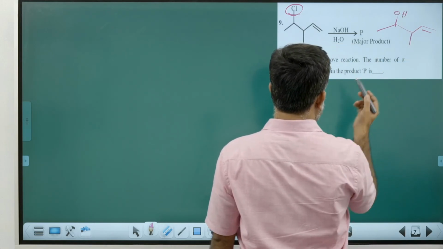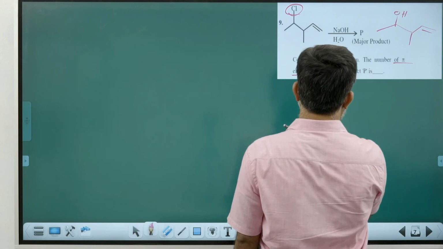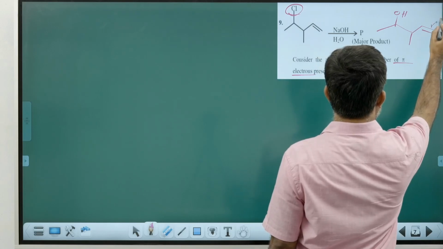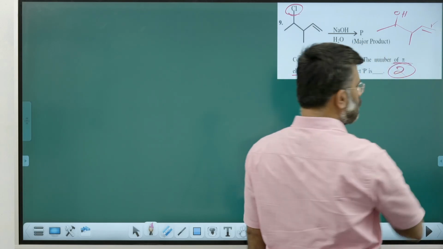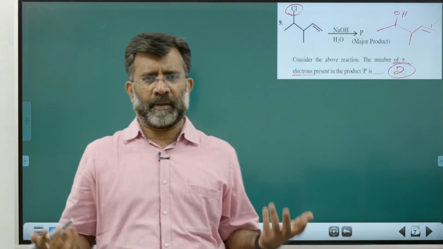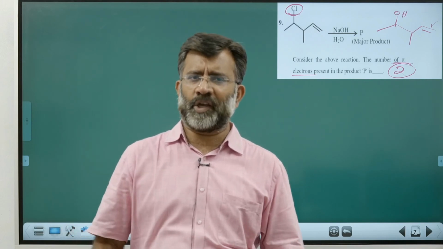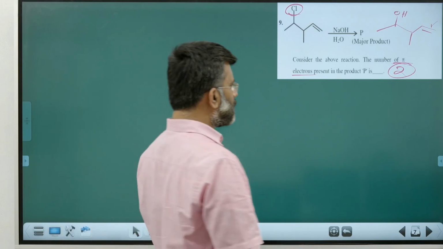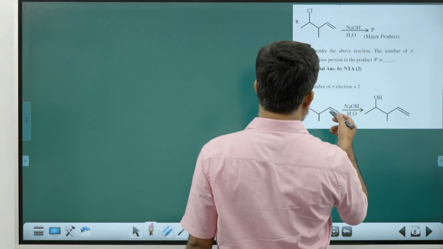They are asking for the number of pi electrons, not pairs. The number of pi electrons in the product: there are 2 pi electrons, because the pi electrons are subjected to no change. Chlorine goes, OH comes. That's it. Answer is 2. Next.